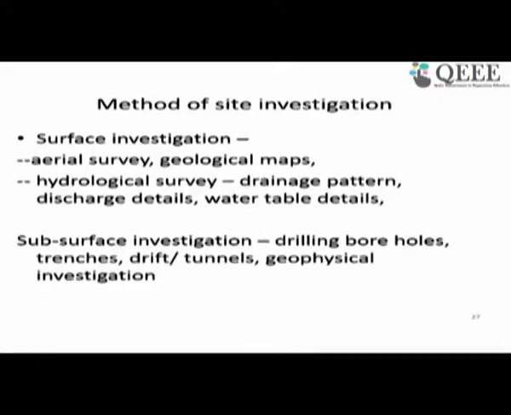One is basically the surface investigation, where we use some photographs, aerial surveys or hydrological surveys, drainage pattern, discharge details, water table details, etc. The other is the subsurface investigation, where you actually drill holes, make some trenches, drifts, or some kind of geophysical investigation. So there are two aspects. One is surface investigation, another is subsurface investigation. So we will focus mostly on the drill hole first.